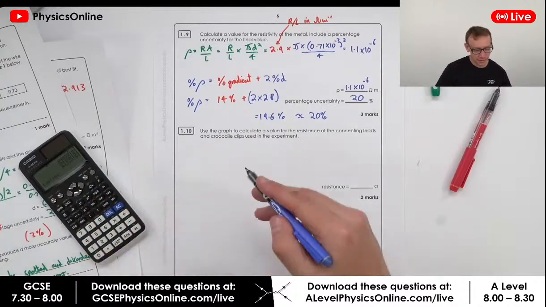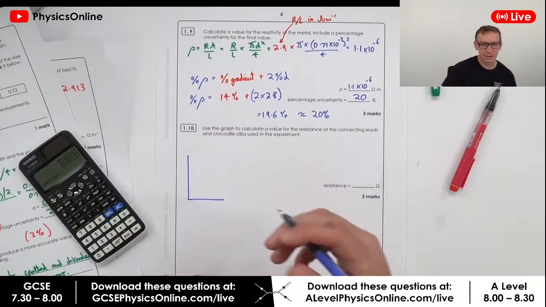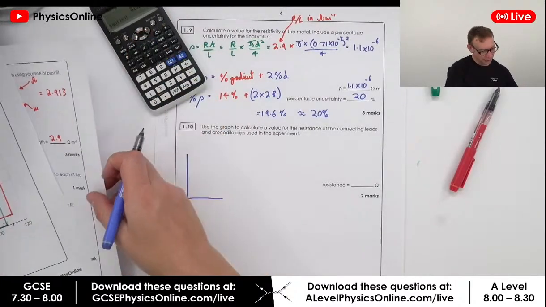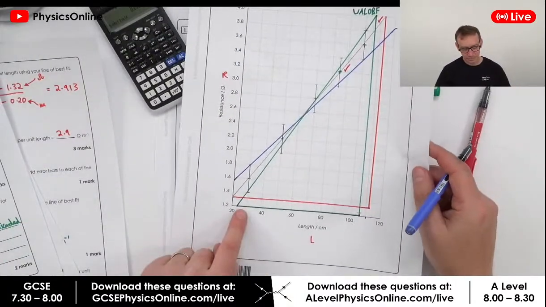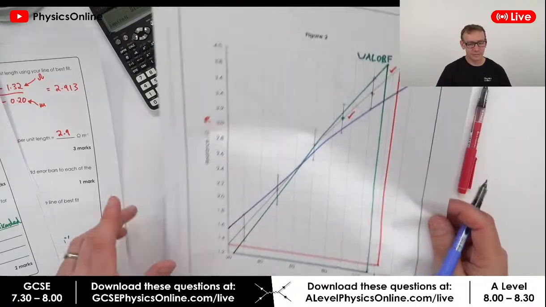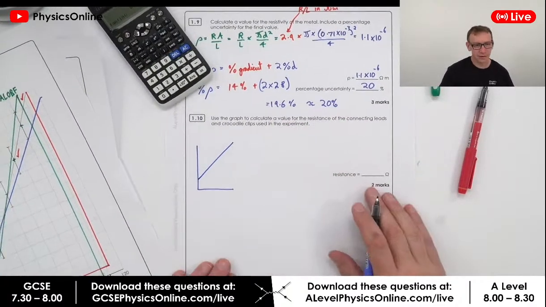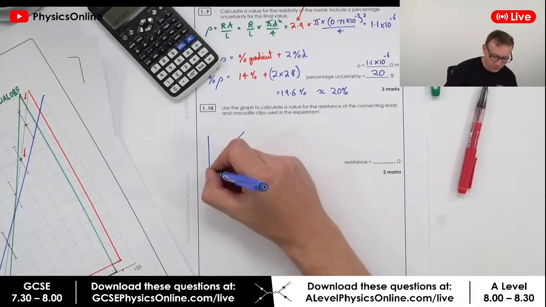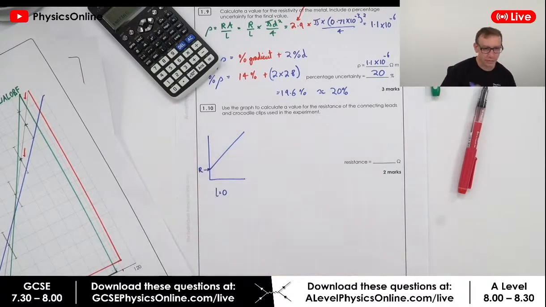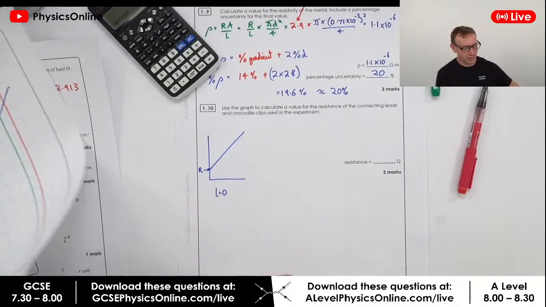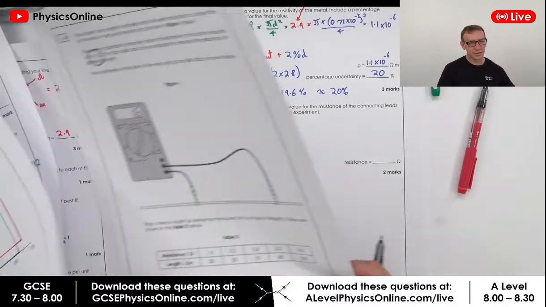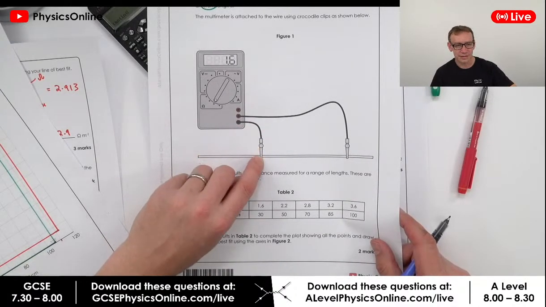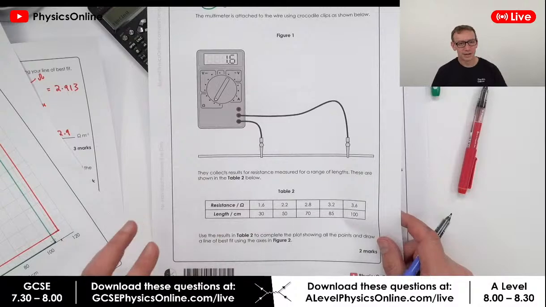So basically, on the graph that we had before, we looked at resistance per unit length, and if we were to follow this back to the origin over here, what we find is if we plotted it, we'd have a graph that looks a bit like that. So even when the length is equal to 0, there would still be a certain value of resistance. And that's because this is a real experiment where there's a resistance of the connections, the crocodile clips, the bits of wire, things like that.